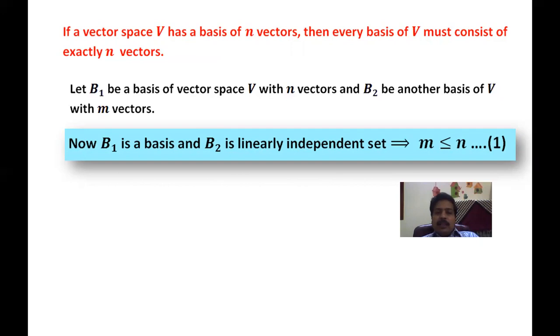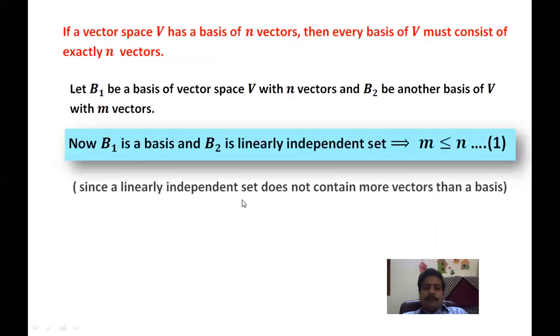So the number of vectors in a linearly independent set cannot exceed the number of vectors in a basis. So m cannot exceed n, that is m less than or equal to n. That is our equation 1.